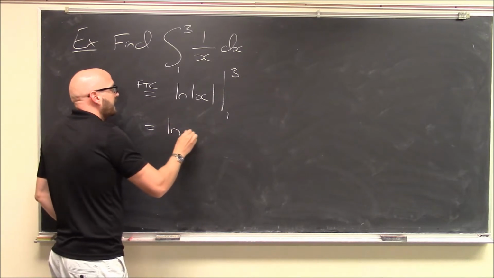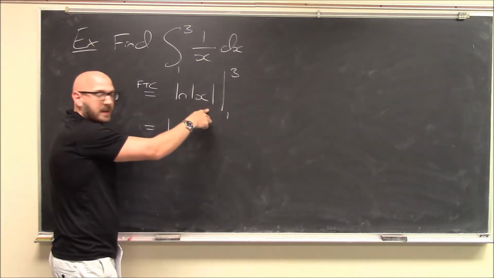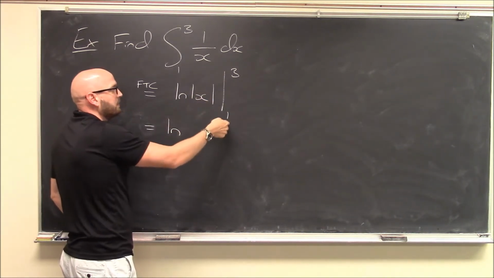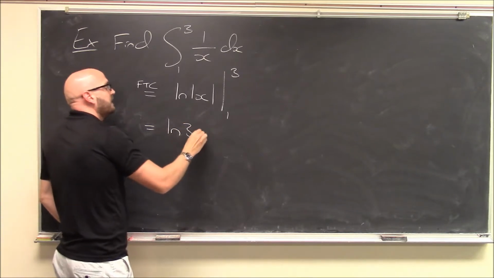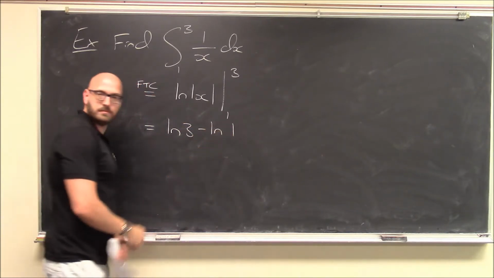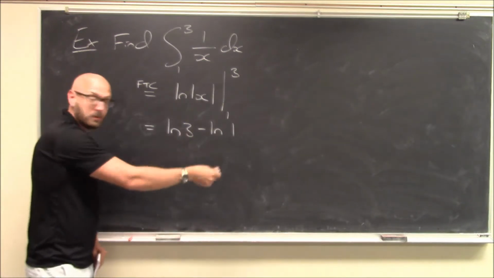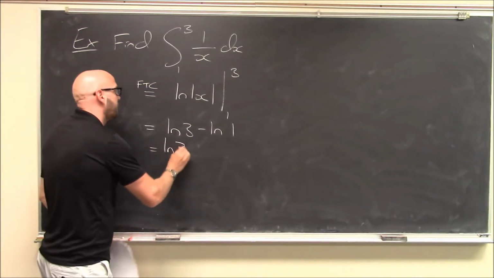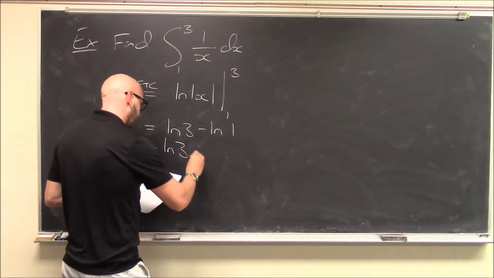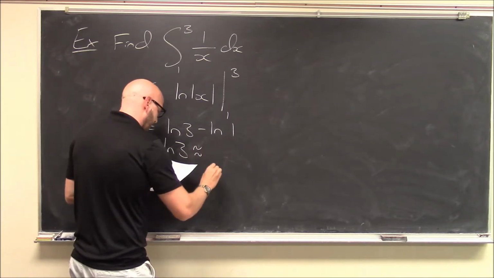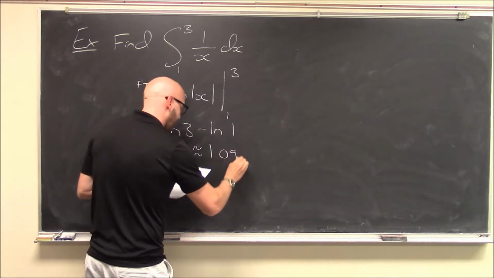So this will be ln of 3 minus ln of 1. I won't even keep the absolute value signs because this is positive 3 and positive 1. ln of 1 is of course 0, so this is just ln of 3. Or if you want a decimal approximation, that's about 1.09861.